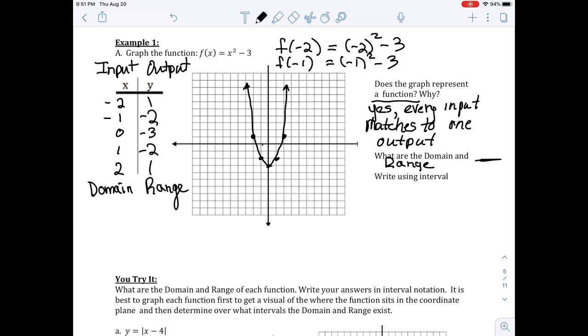So the set of all possible inputs is referred to as domain. So the set of all possible inputs is your domain of your function. The range is the set of all possible outputs.